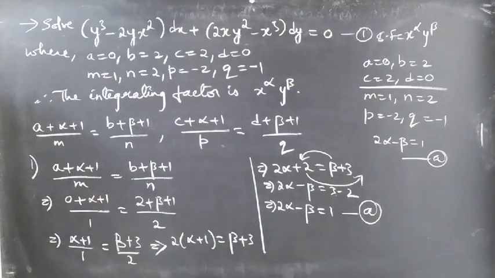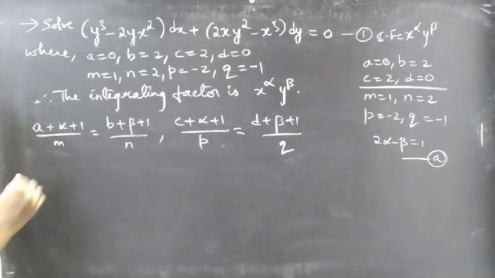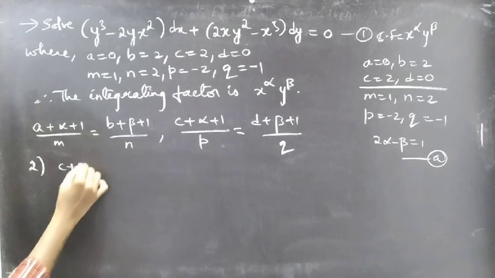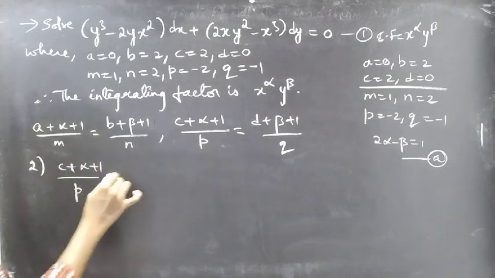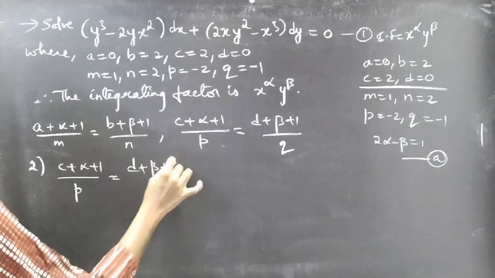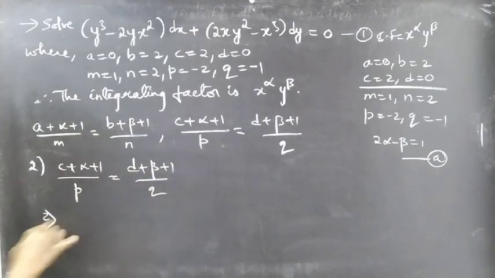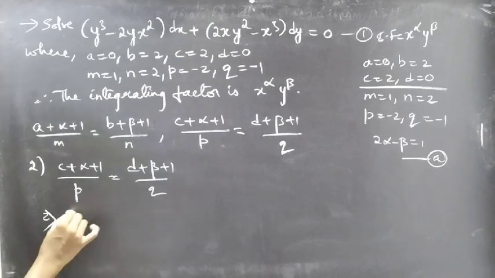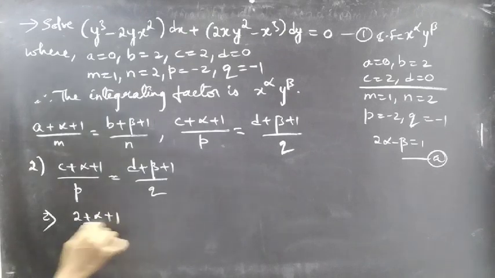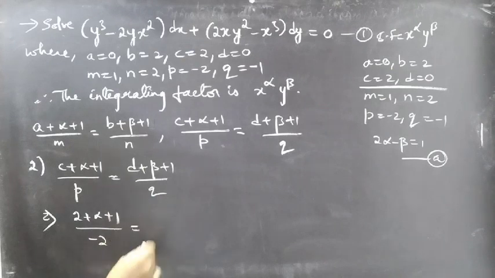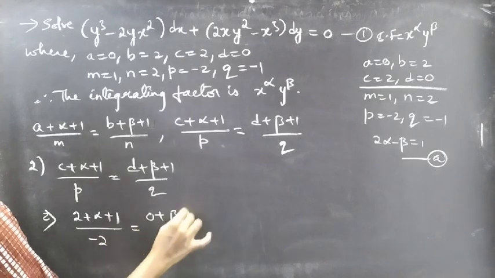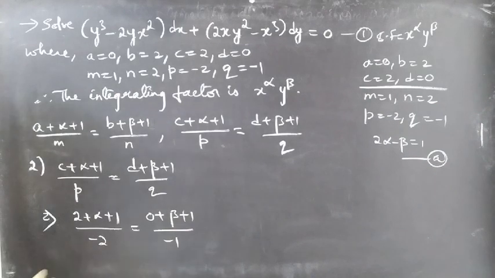Now consider the second formula. c plus alpha plus 1 by p equal to d plus beta plus 1 by q, substitute the values: 2 plus alpha plus 1 by minus 2 equal to 0 plus beta plus 1 by minus 1, which gives us alpha plus 3 by minus 2 equal to beta plus 1 by minus 1, right.